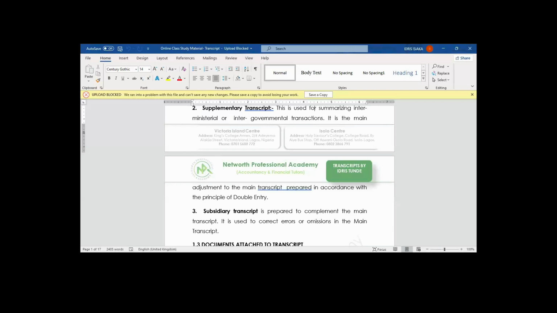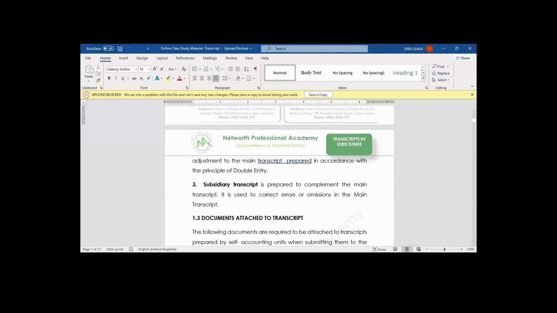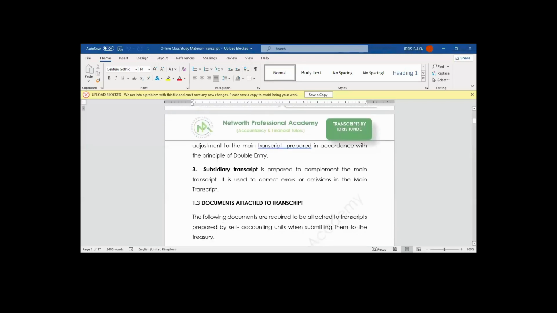The next heading that we are looking at now is what are the documents to be attached to a transcript. First and foremost, we need to have it in mind that transcript is prepared by self-accounting units and sub-self-accounting units.